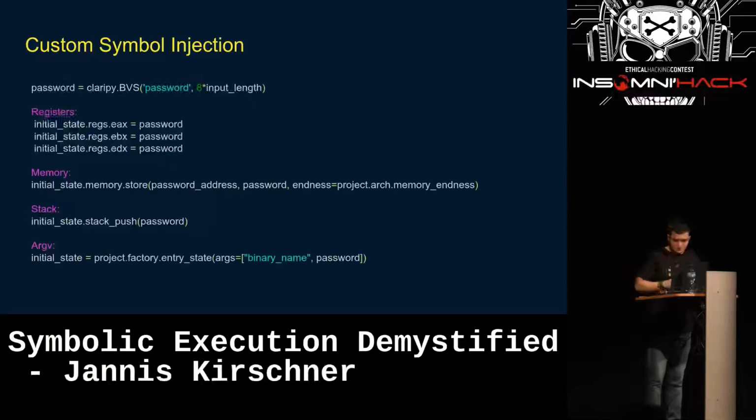And for that, we have a data structure called the symbolic bit vector, which Angr uses for the storage of its symbolic variables. You can just instantiate it with a name, which Angr internally uses to reference it, and with its size. And you can put it into registers, into memory, argv, onto the stack, whatever you want.